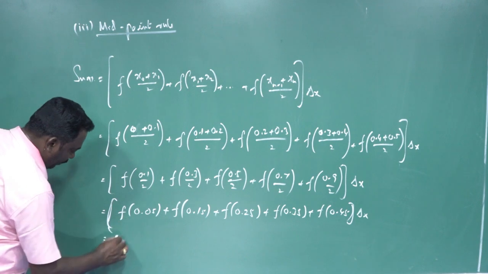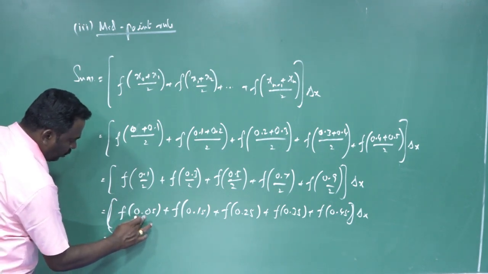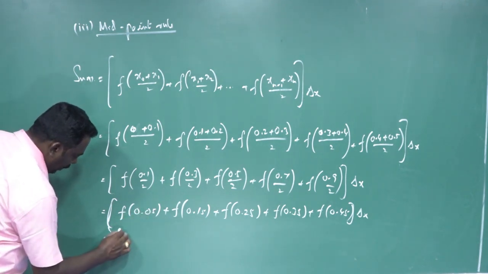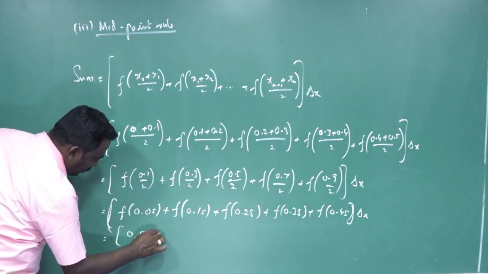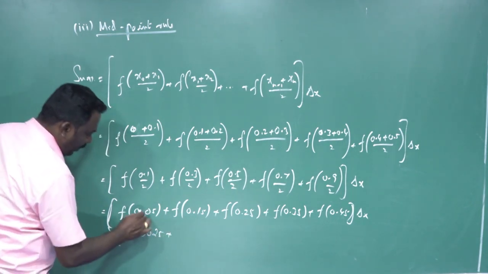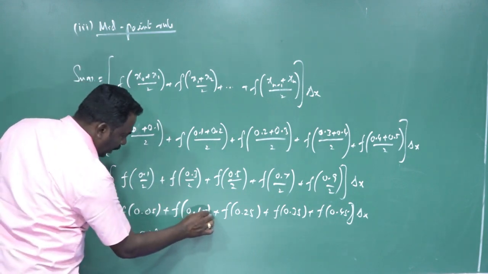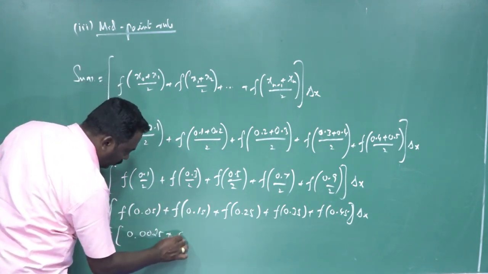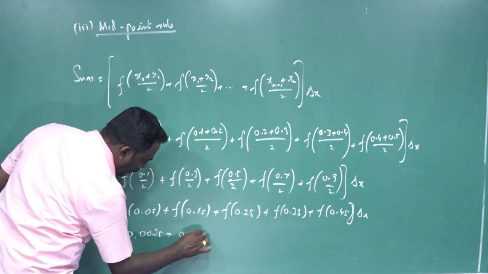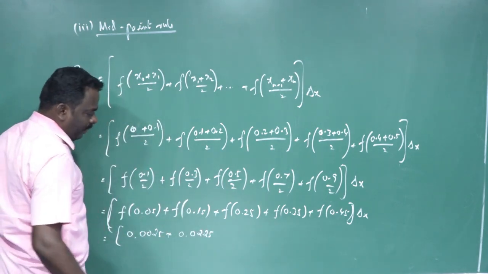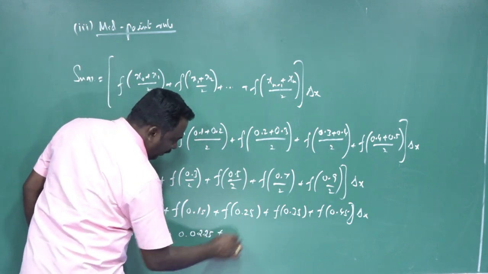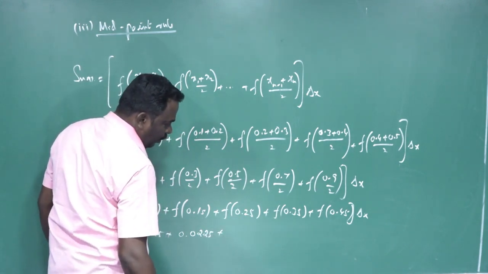Now applying the function value, the x value equal to 0.05 squared: 0.0025. The square of 0.15 equal to 0.0225. 15 squared equal to 225, plus 25 squared equal to 625.